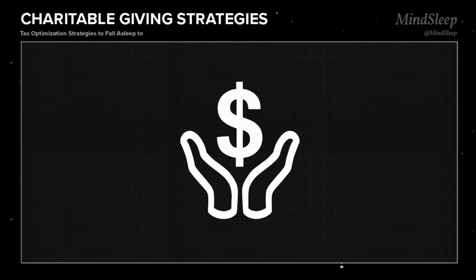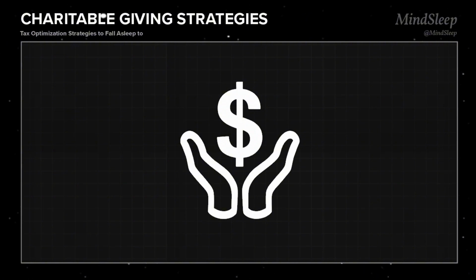Consider the concept of a charitable lead trust, which operates in reverse. Here, a charity receives income from the trust for a set period, after which the remaining assets are transferred to non-charitable beneficiaries, often family members.